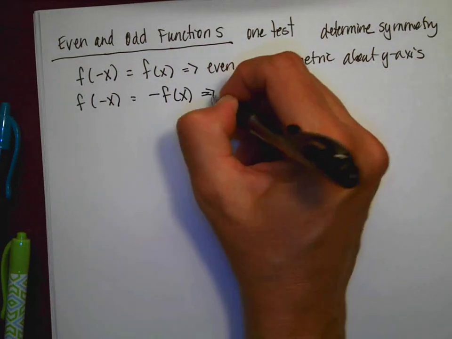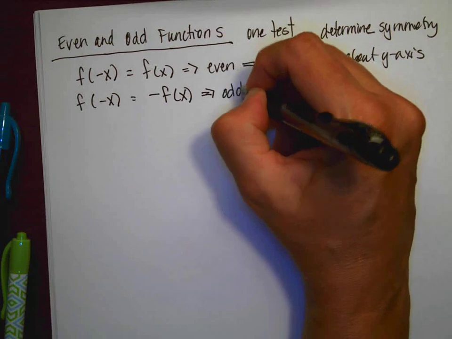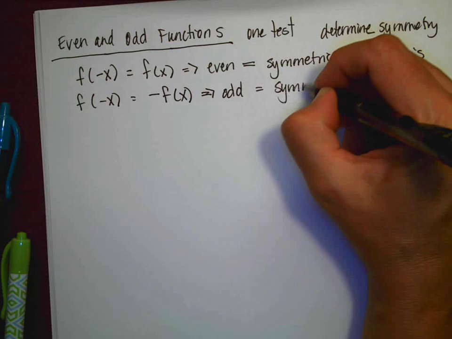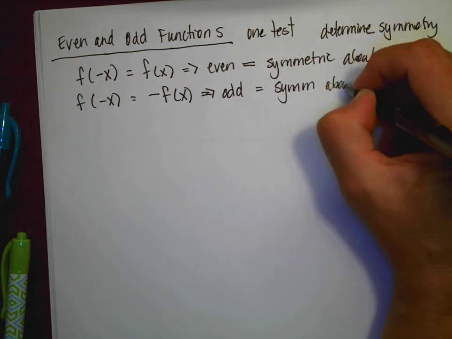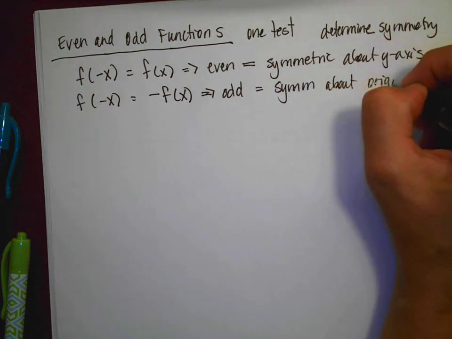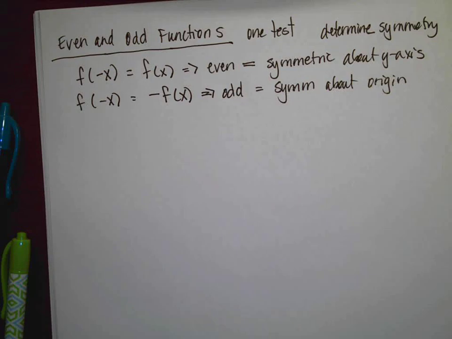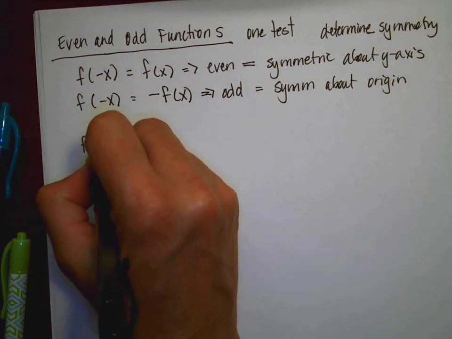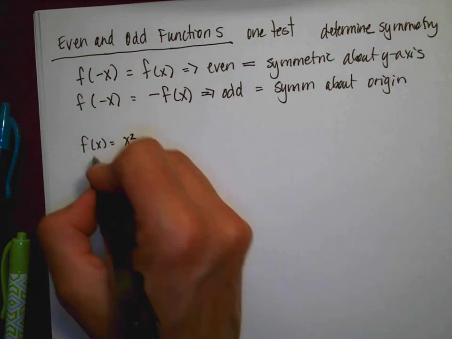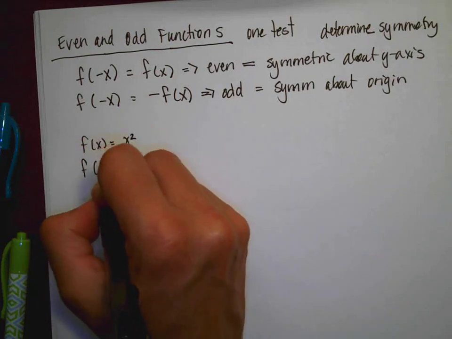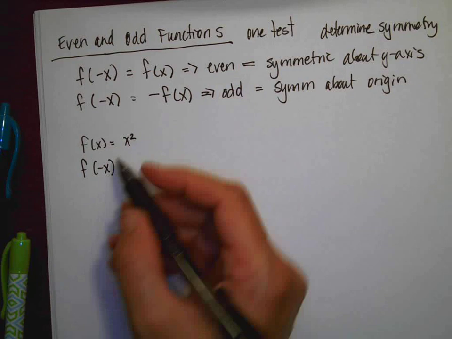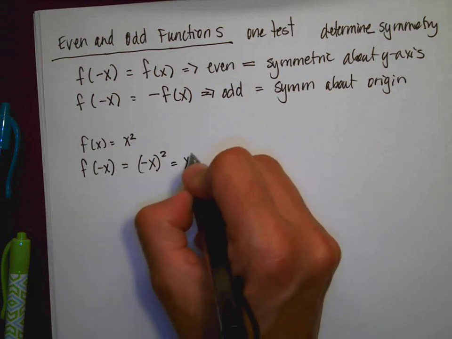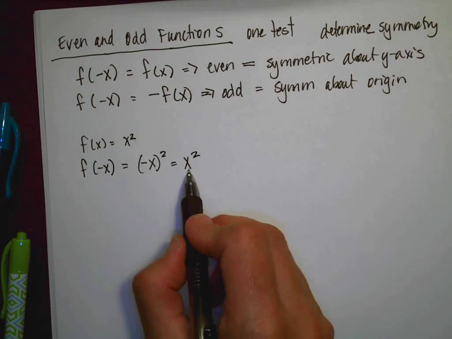And if I ran a negative x through a function and all of the signs were the exact opposite, then that would be an odd function, which means it is symmetric about the origin. And again, the classic examples would be if I started with f of x is equal to x squared, and then I ran a negative x through the function.